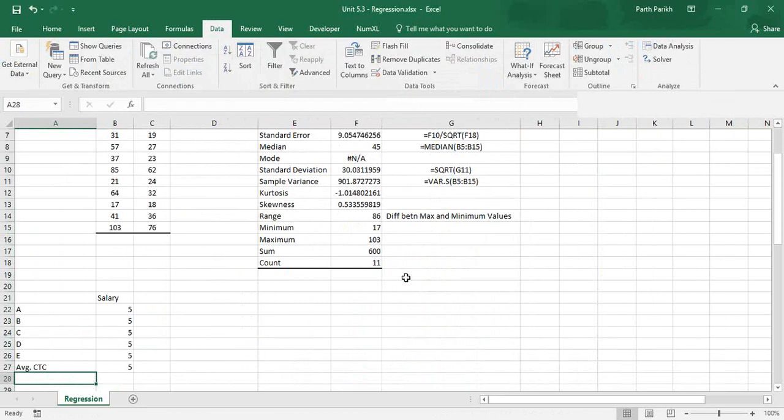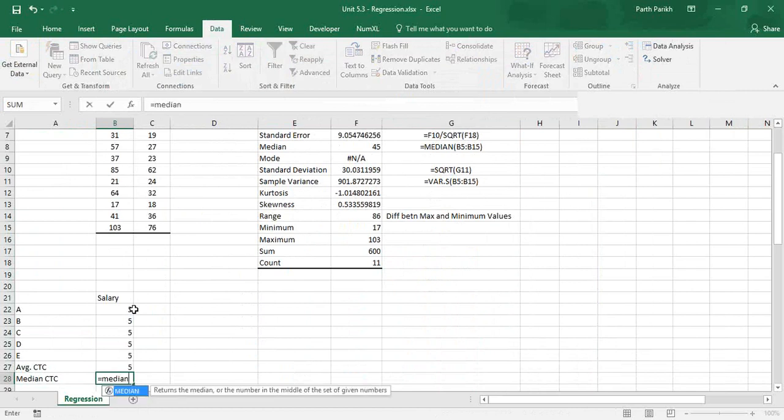When I'm trying to find out the median CTC, I arrange the data set in ascending or descending order and find the middle value. Over here, I have all 5 values, so even in ascending or descending order, my middle value is going to be 5. So the median is going to be 5.